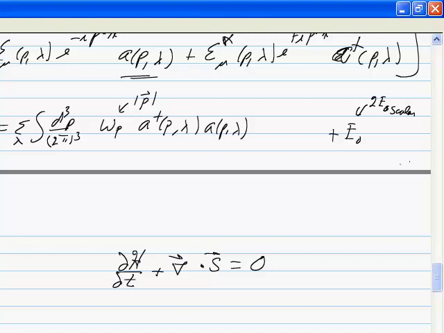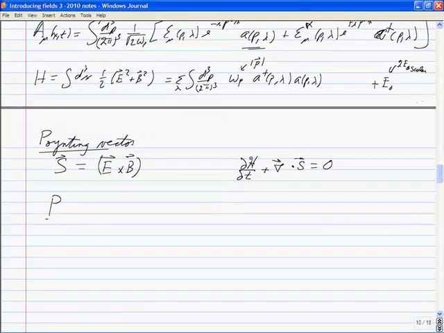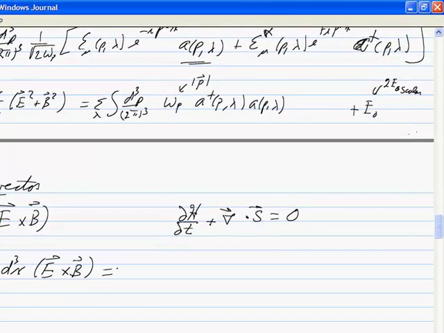That's what happens. And if you calculate the following, we'll call it P, the integral d3x of E cross B, and you do the same thing, you write A in the form that's sitting up at the top there, you write E and B in terms of the derivatives of that guy, you plug away through the night.